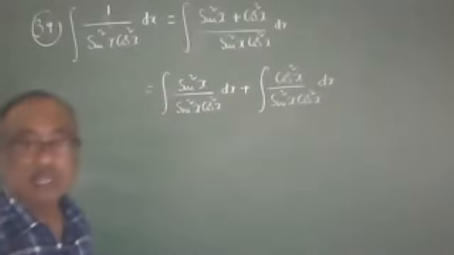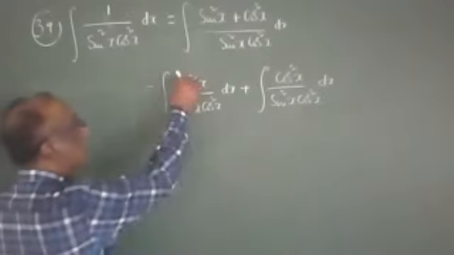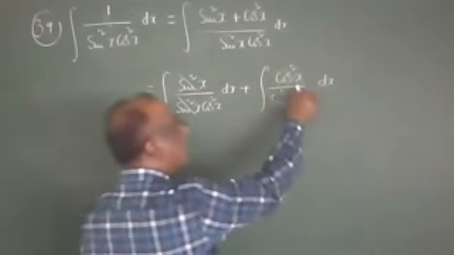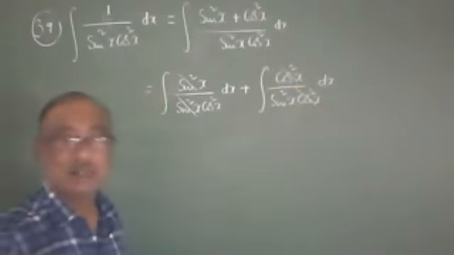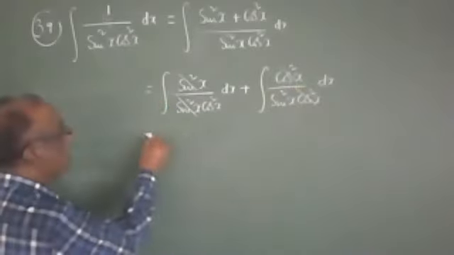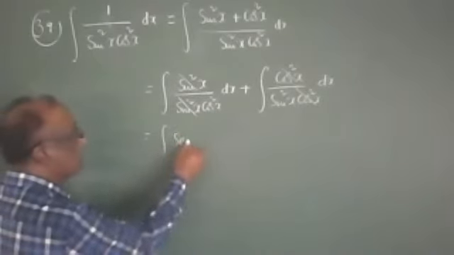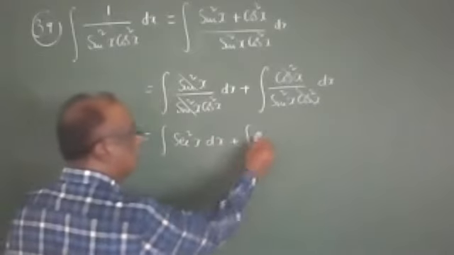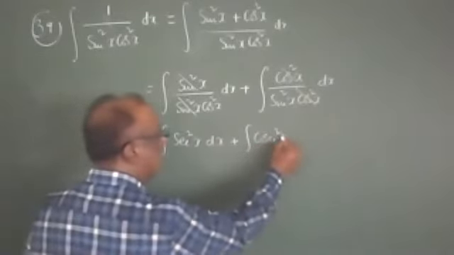What terms should be cancelled? Sine square x in the first term will be cancelled, and cos square x in the second term will be cancelled. So 1 by cos square x is secant square x into dx, and 1 by sine square x is cosecant square x into dx.